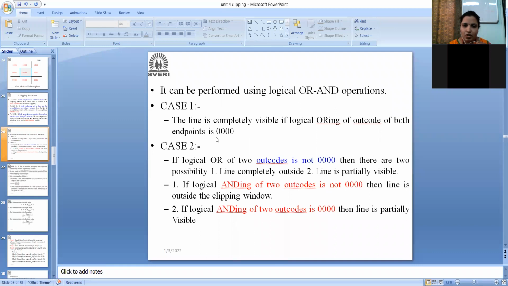If the result of ORing is all 0, that means the line is totally visible, so no clipping is required and the line is accepted. The second case: if the OR result is non-zero, then we go for a bitwise AND operation. If the ANDing gives a 0 result, then the line is partially visible. And if the result of ANDing is also non-zero, then the line is totally outside, so you just reject that line.